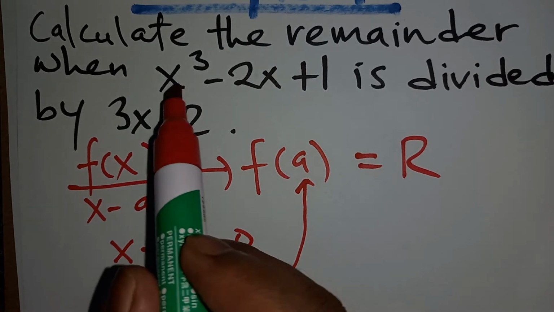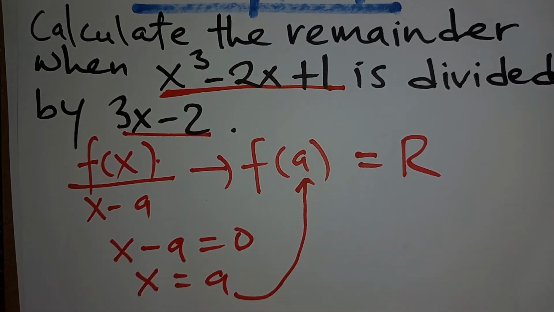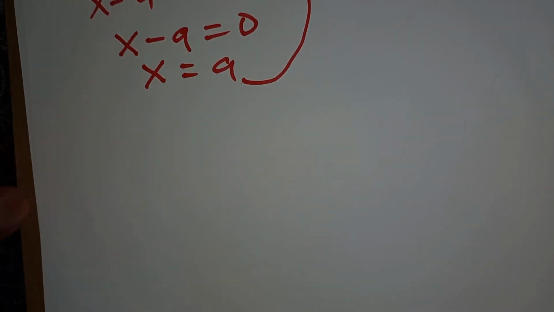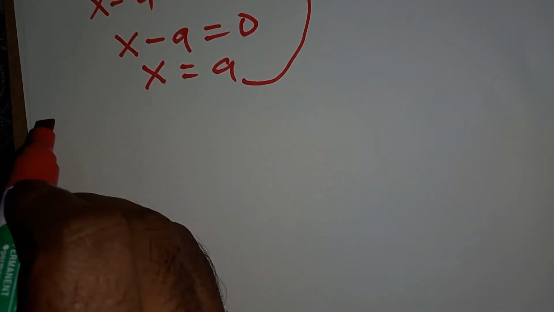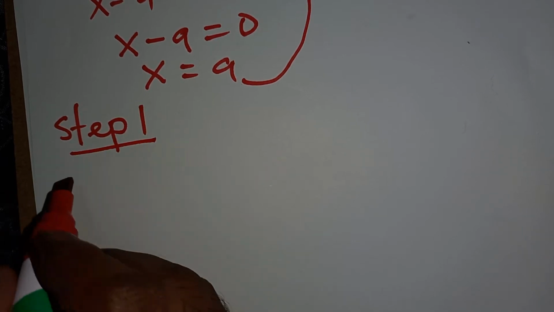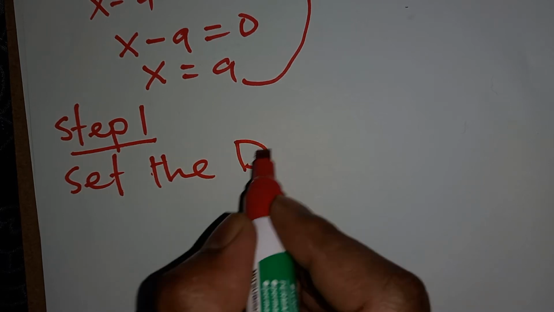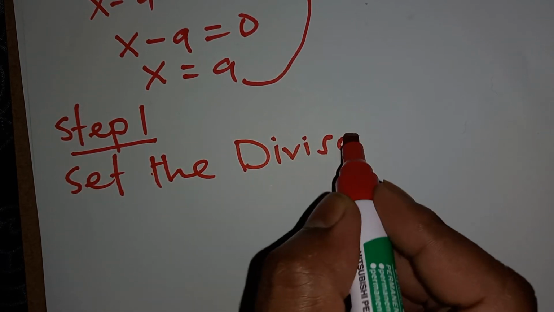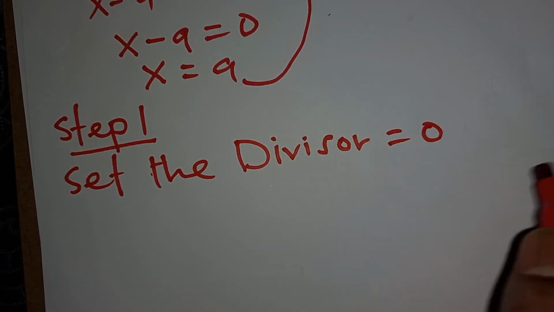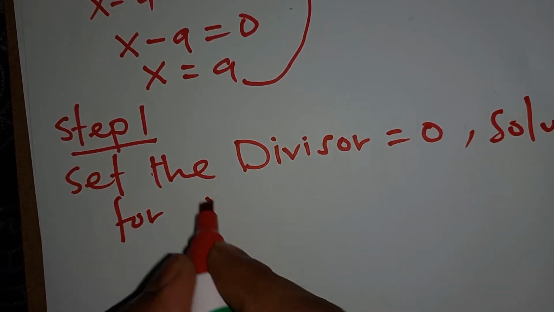You have your polynomial here and you have your divisor here. So the very first step is you set the divisor equal to 0 and then solve for x.